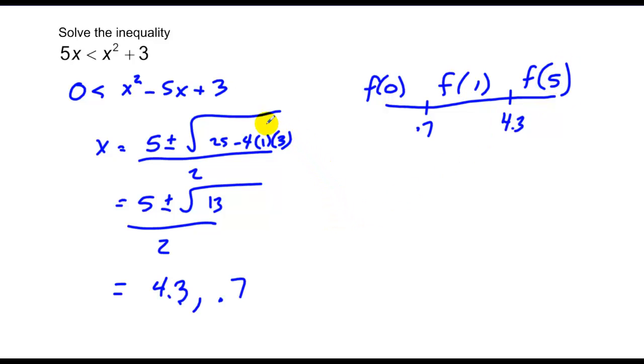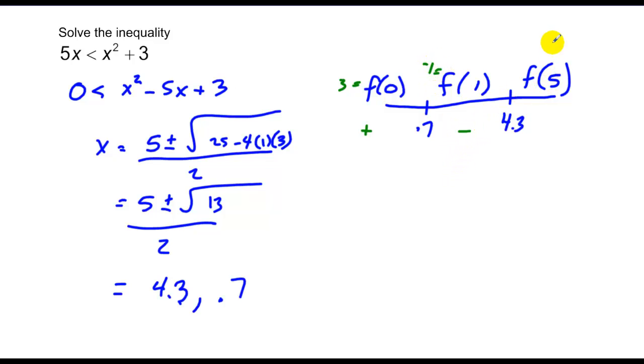So in this case, I would get the answer of 3. Which is positive. When I plug in 1, I get 1 minus 5, which is negative 4, plus 3, which is negative 1, and that's negative.